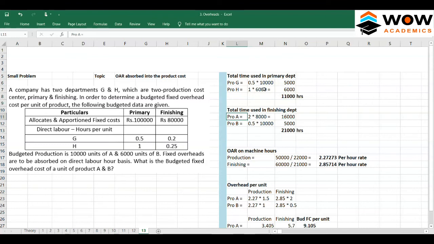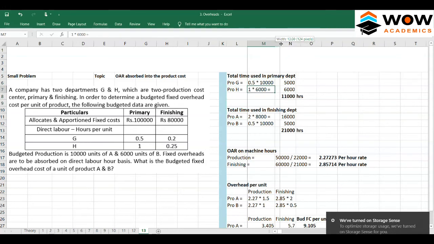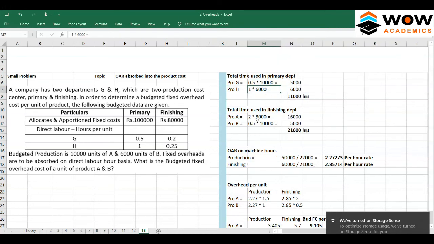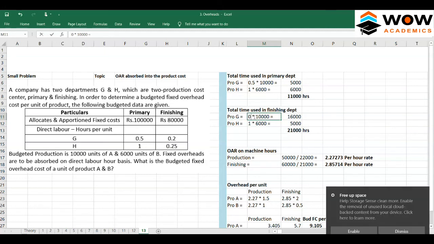And now we'll find out the total time spent in the finishing department. So again, this is going to be G, and this is going to be H. The time spent by G in finishing department is 0.2, and the time spent by H in finishing is 0.25.